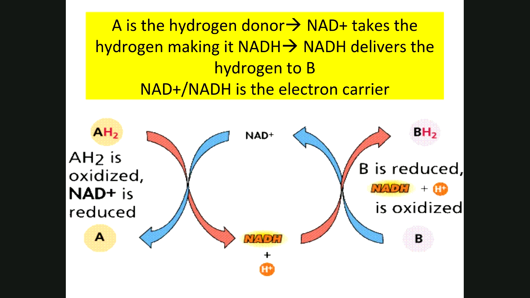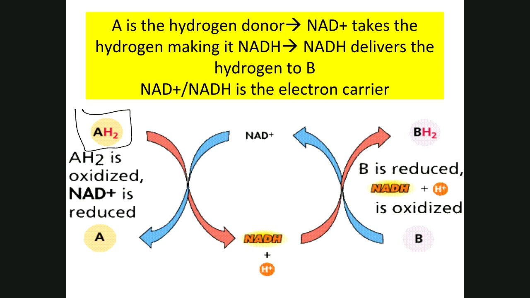Remember, if you're going to rob something and give it to somebody else, now you're going to have somebody who has been left oxidized and another molecule that's going to be reduced. So in this case, this molecule here is reduced because it has hydrogen ions.